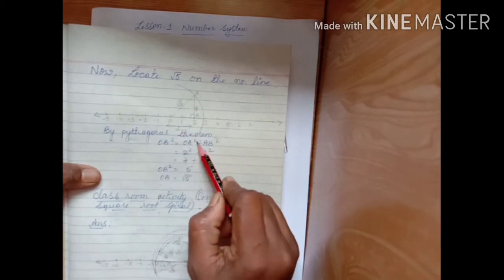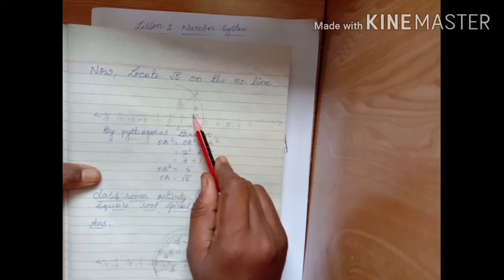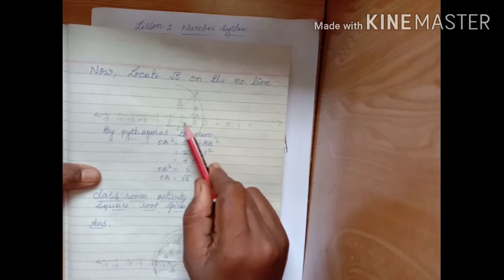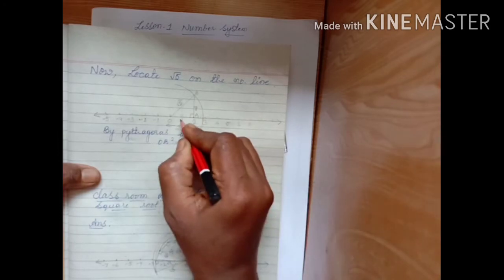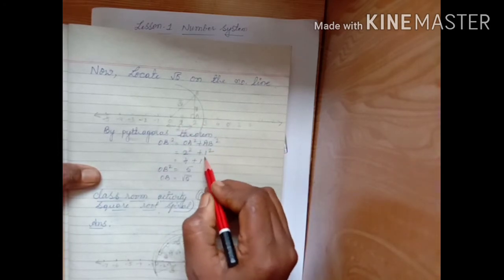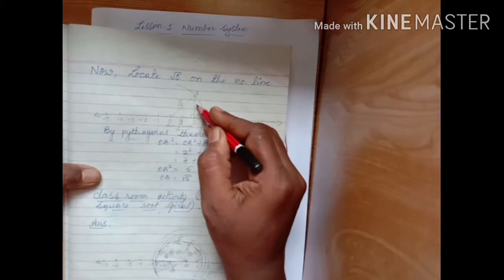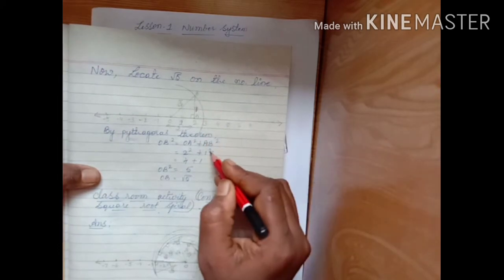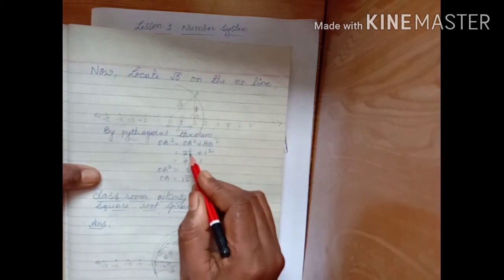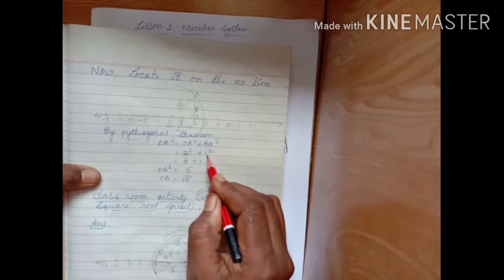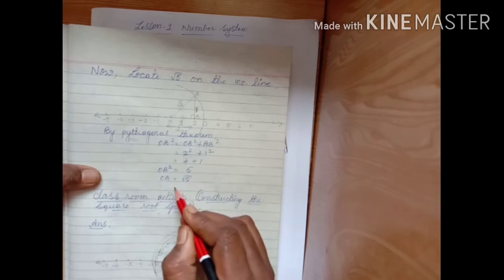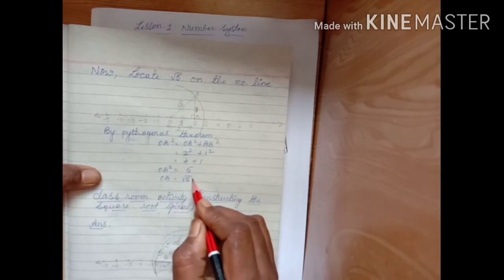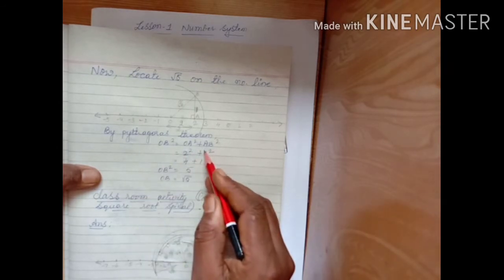OA square is 2 square, and AB square is 1 that we have taken, so 1 square. 2 twos are 4, plus 1 square is 1. OB square is 4 plus 1, which is 5. OB equals square root of 5. This is how we find it by Pythagoras theorem, children.